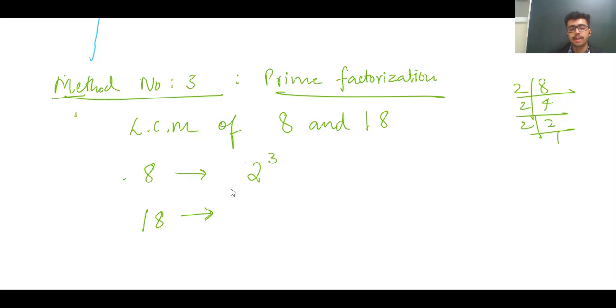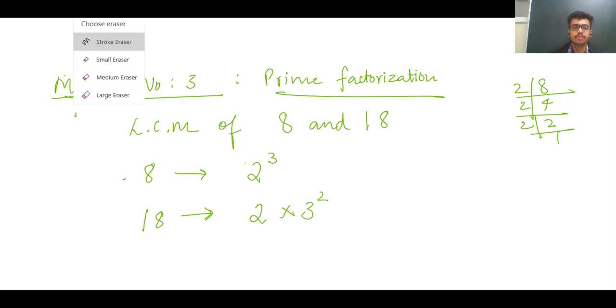What about 18? 18 I know is 9 into 2, right? And 9 is 3 into 3. So instead of writing 3 into 3, I write it as 3 square, into 2, right? So now what I do is, out of each one, I'm going to choose the largest value.